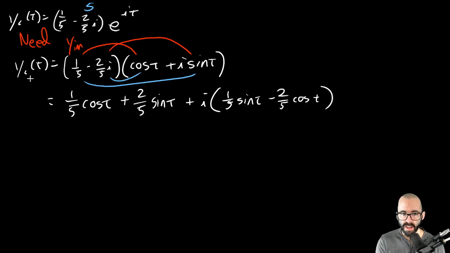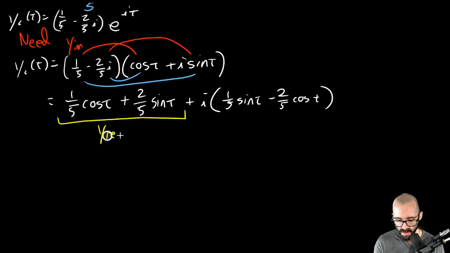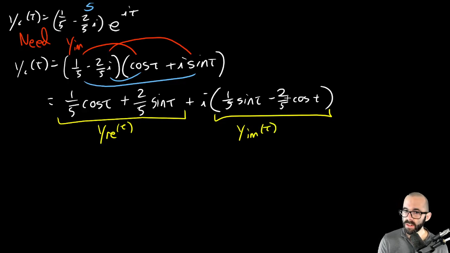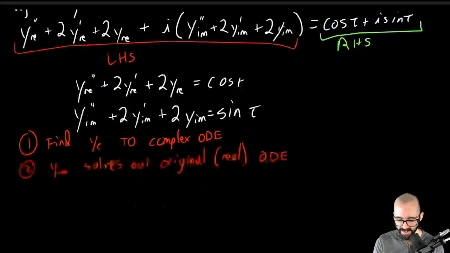So this is our complex solution. And that, of course, has a real part as a function of t, and it has an imaginary part as a function of t. And again, remember, the imaginary part is real. So we found the complex solution. The imaginary part solves our original differential equation because the original differential equation was sine.